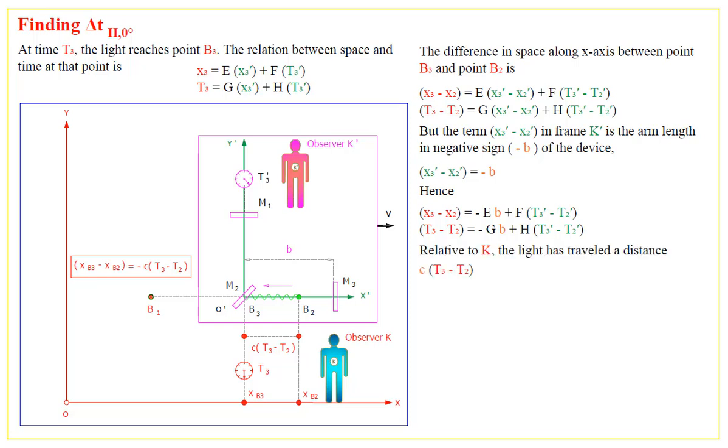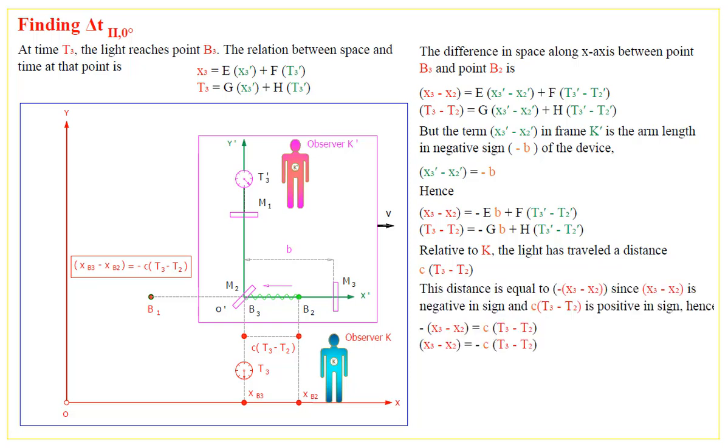relative to K, the light has traveled a distance c times t3 minus t2. This distance is equal to negative x3 minus x2, since x3 minus x2 is negative in sign and c times t3 minus t2 is positive in sign, hence.